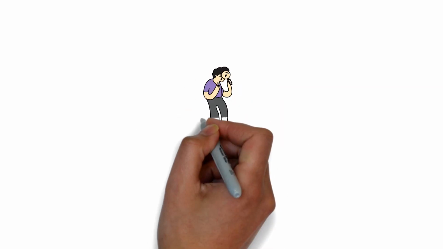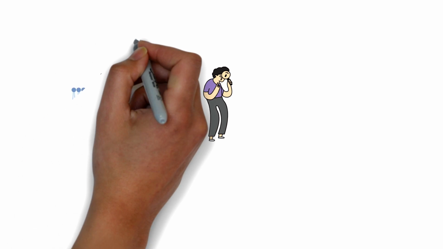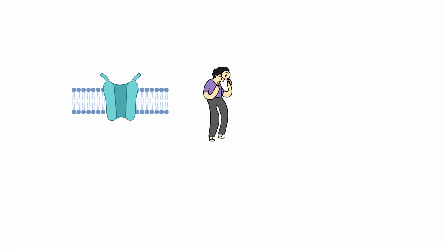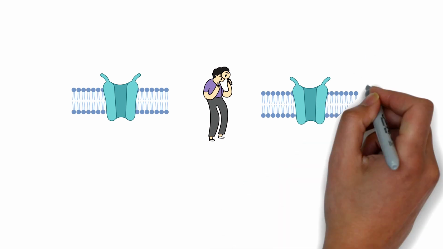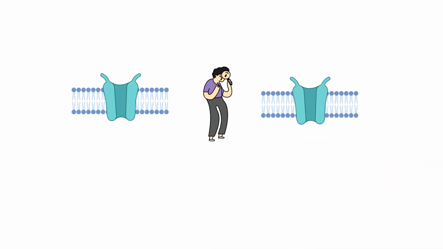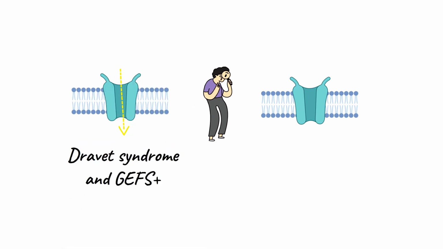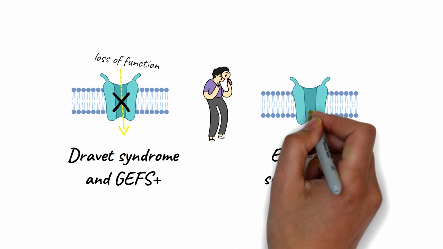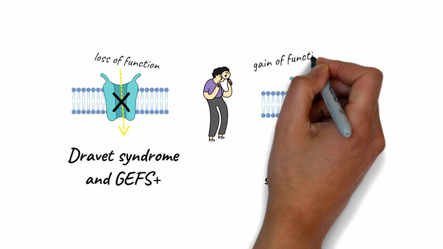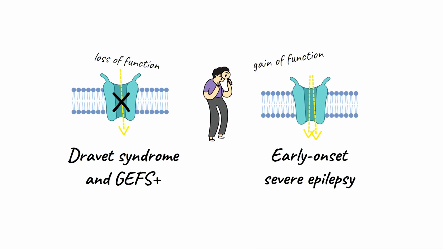A spectrum of diseases could be associated with a single gene, such as SCN1A, because different variants can lead to different changes in the altered protein. For example, studies have shown that Dravet syndrome and GEFS Plus are typically caused by variants that lead to loss of channel function, while the early onset severe epilepsy is caused by variants that lead to gain of channel function.